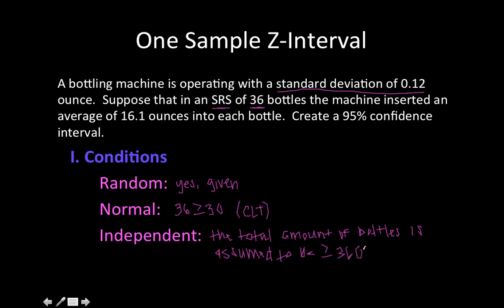And this is 10 times the sample size because we need to make sure that our sample is 10% of the population size. So all our conditions are checked, and let's move on to calculations.